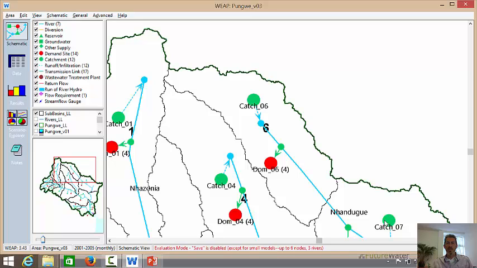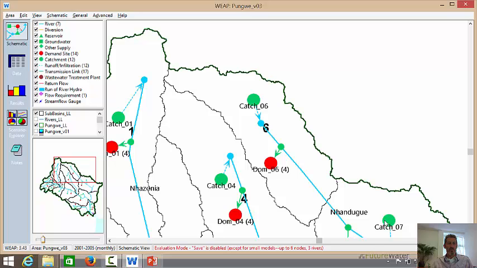Within this catchment, you've got a catchment site, as it's mentioned in WEAP, where you've got rainfall, where you've got evaporation, but in fact this catchment is generating runoff. This runoff is coming into your river, and it can be used by cities which are located here. So this is a kind of simplified catchment.